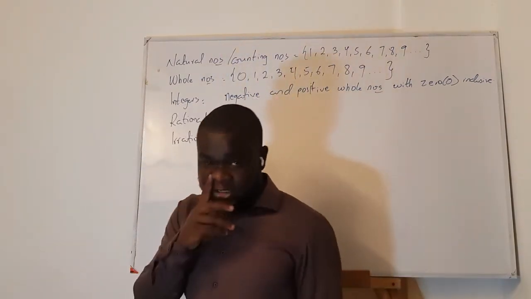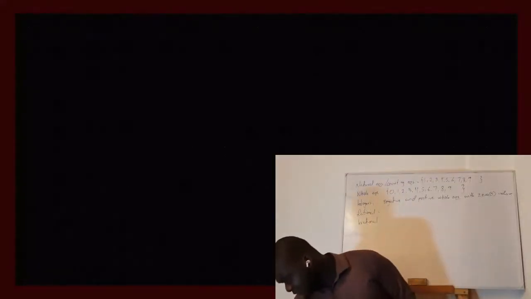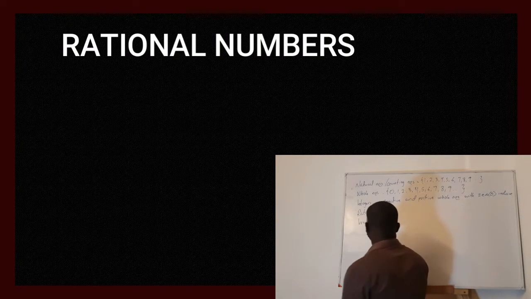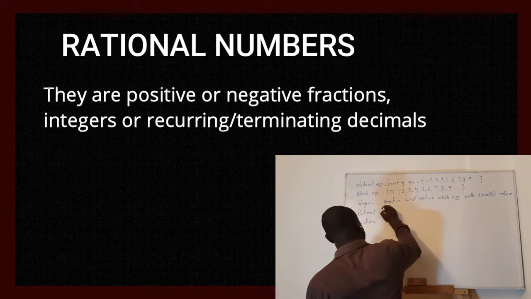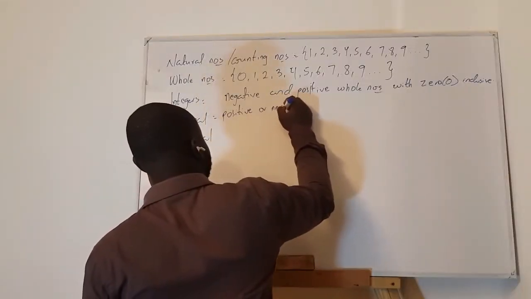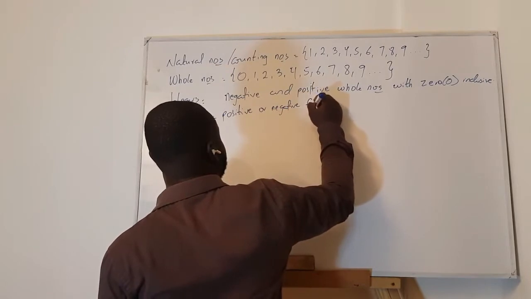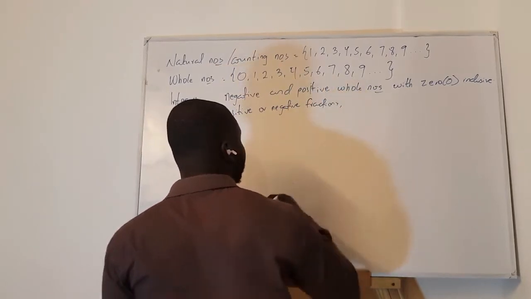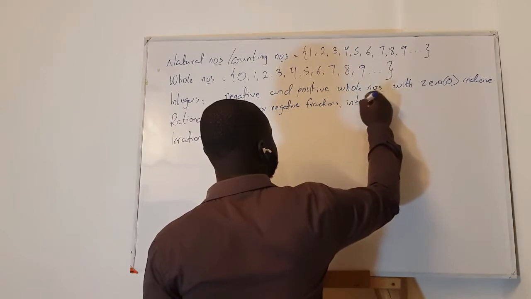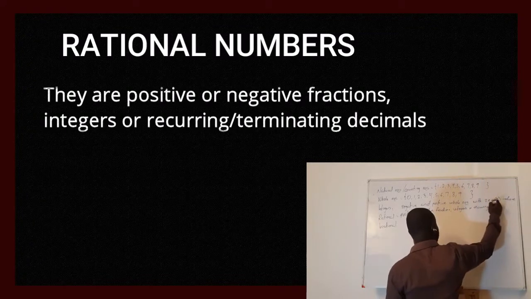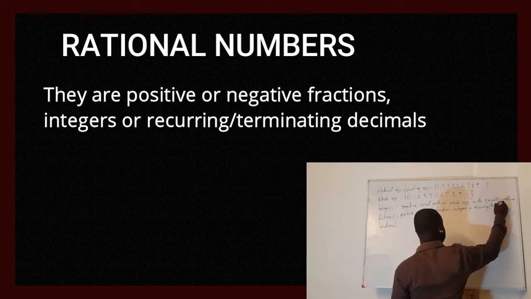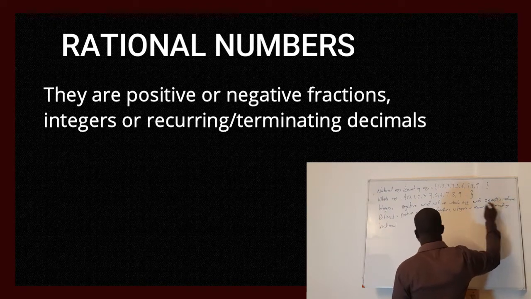Okay, so when we talk of rational numbers, what are rational numbers? Rational numbers basically are talking about positive or negative fractions, or integers, or recurring or terminating decimals, okay.